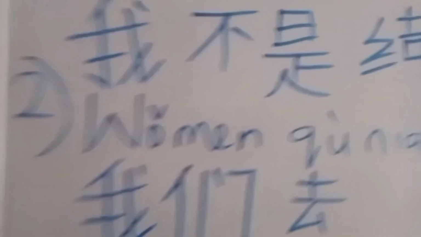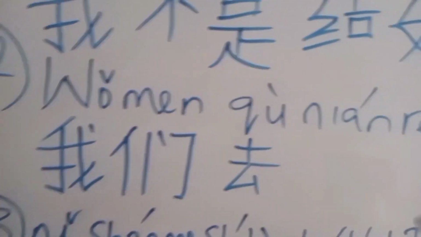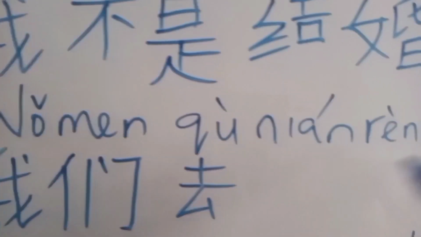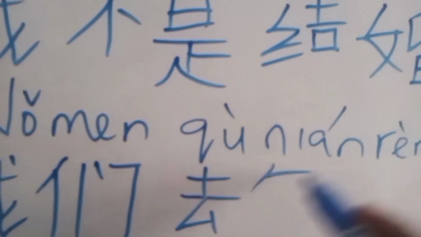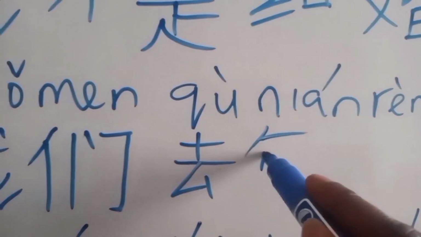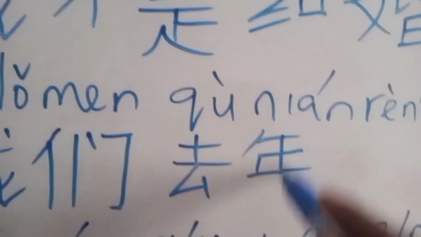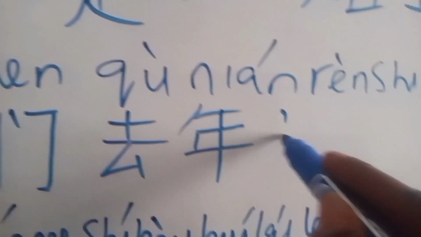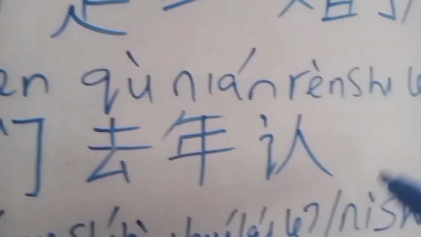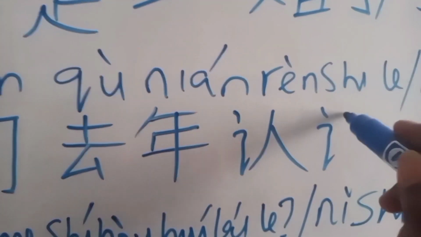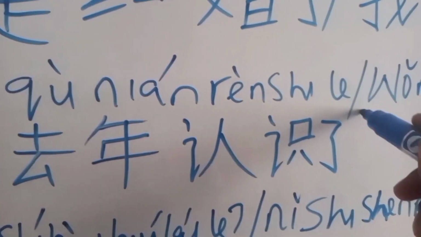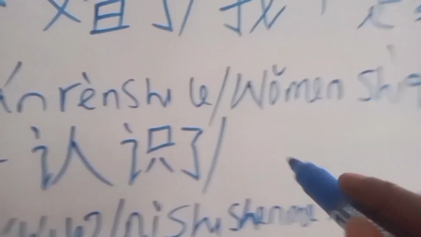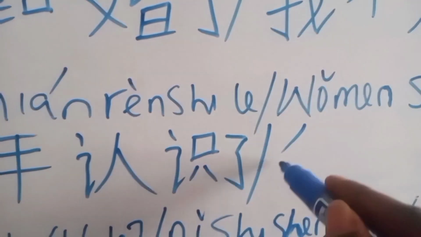And that is what you call 去, whether it is 去 to go or 去年 last year. 去年 means last year. 我们去年 this is 年, this is 年, 认识了. And the second part of the sentence is with 是的 structure.